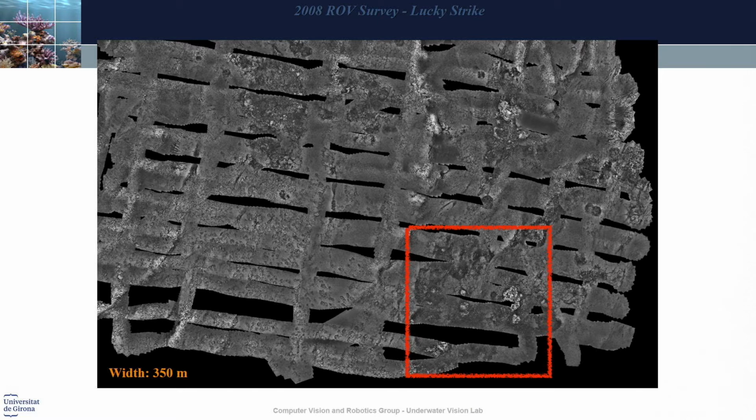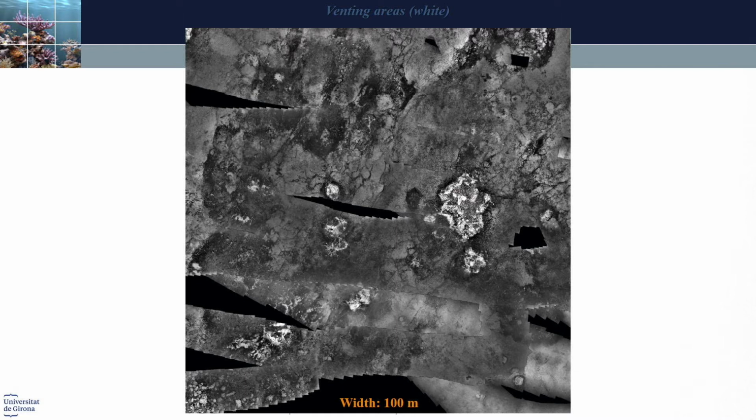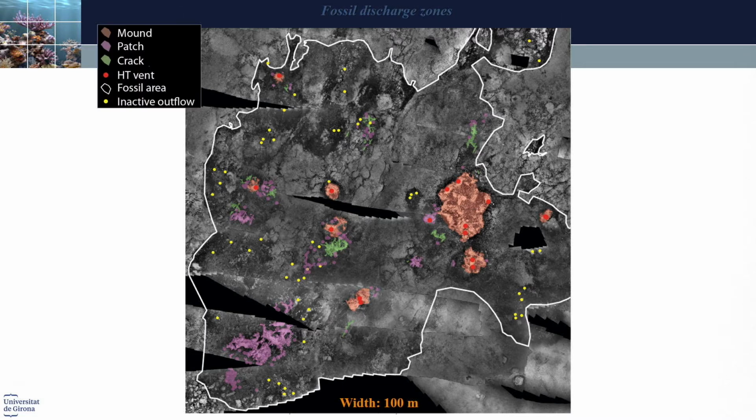And I can select a given area, and I can mark the venting areas in white, or the diffuse outflow, so the bacterial mats, the places where new bacterial patches are appearing, high temperature vents, inactive vents that had been there in the past but are not active now, and fossil discharge zones, for instance. And this is only possible if we can build these maps over time and then use a baseline map to compare and detect changes over time.